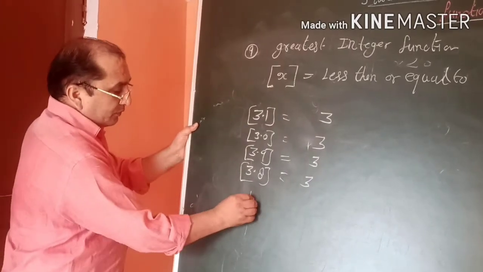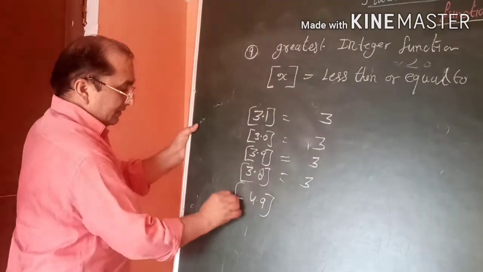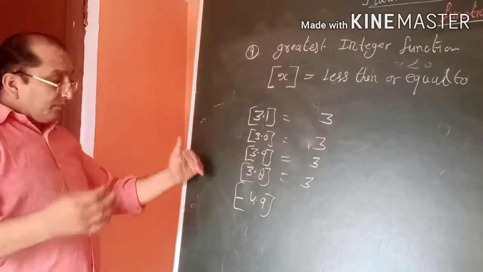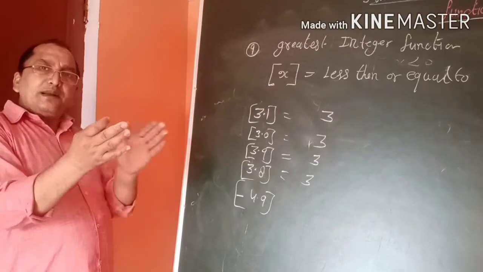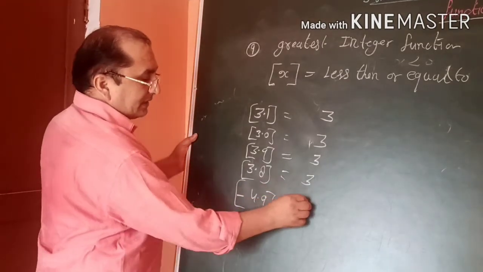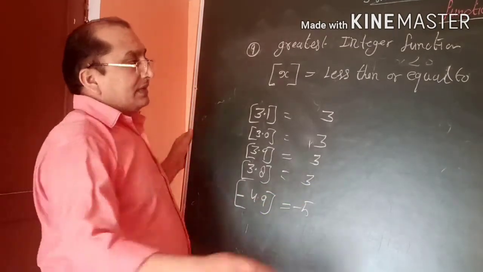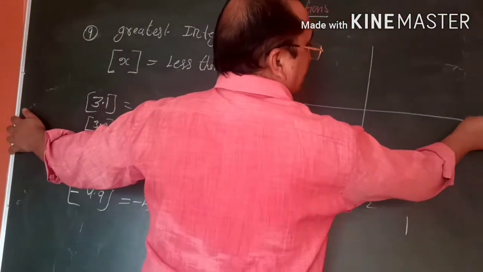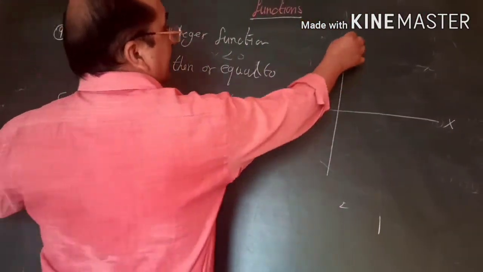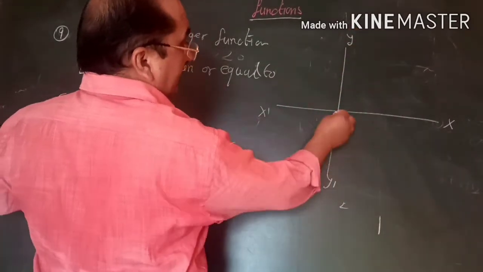In the same manner, suppose I write -4.9 here: the greatest integer less than this is towards the left side, so -5 will come. Suppose we draw this on a number line: this is x, this is x dash, this is y, and this is y dash.